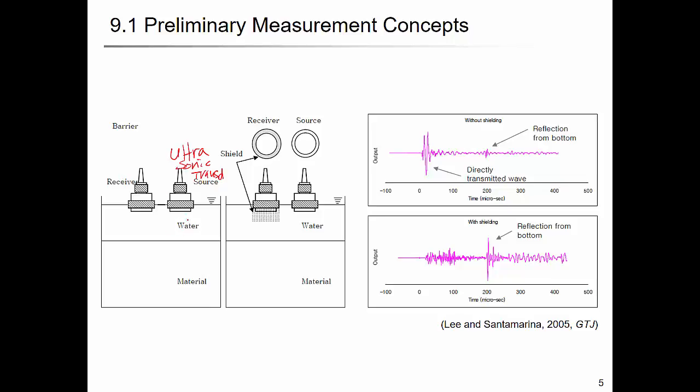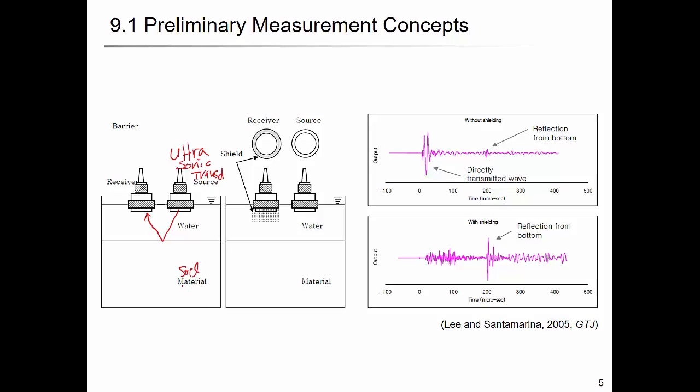And here you have water, and it could be just soil and rock, maybe just sediment soil. If you apply the pulse to the ultrasonic transducer, it will generate a P wave, and then the reflected wave will be received at the receiver. Right? Why do you have a reflection between the water and the soil?